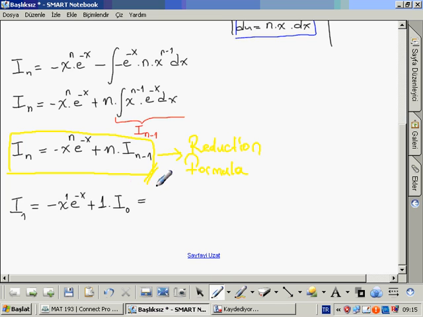It's equal to minus e to the minus x times x plus 1 plus c1, because we know that I0 is the integral of e to the minus x.